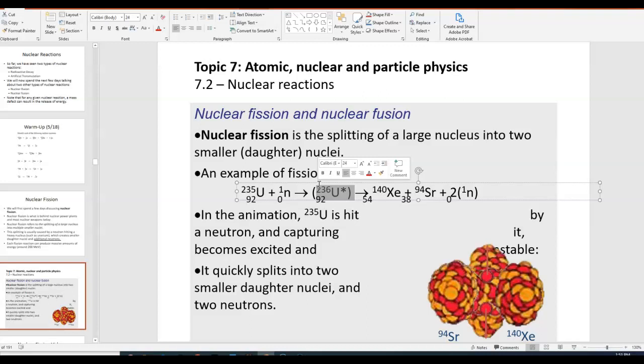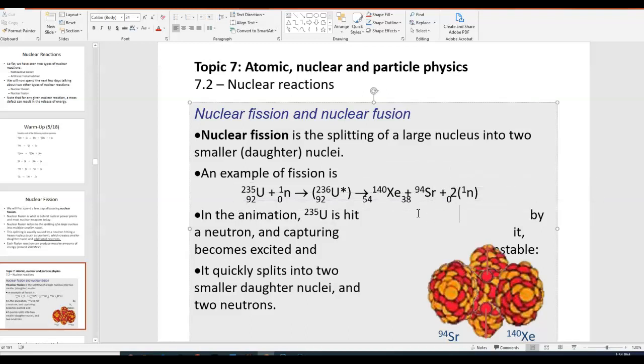Right when the BB hits the water balloon, if you use your imagination for this part, you can imagine it kind of rippling and becoming unstable right before it actually pops. That ripply unstable part is the uranium-236, and then a split second later, not even a second later, it's going to split into two daughter nuclei. Here we have xenon-140 and strontium-94, plus here are the additional neutrons.